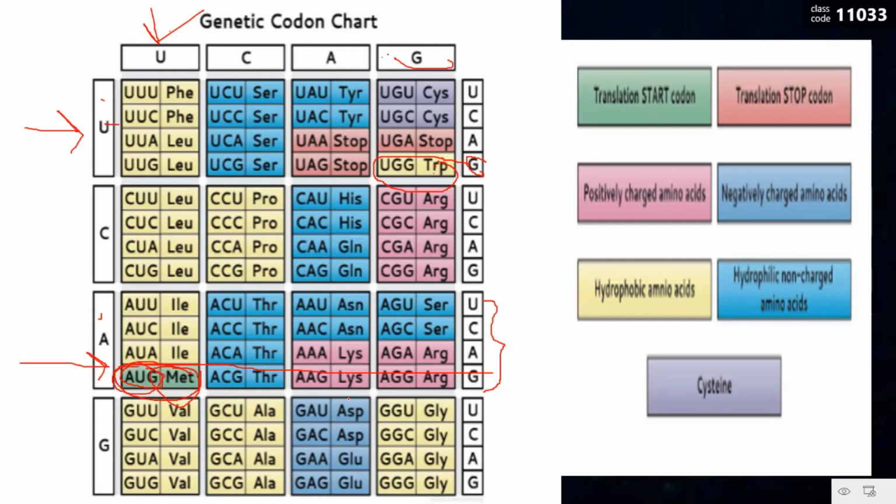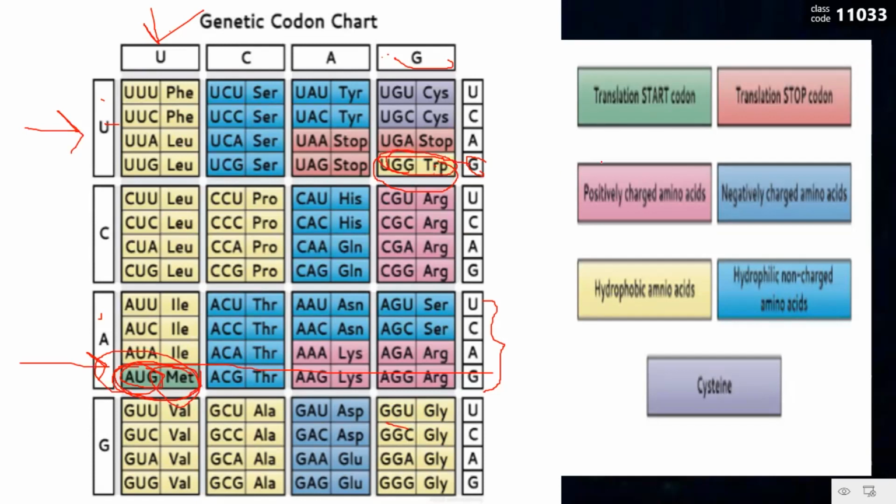So kung papansinin din ninyo, yung ibang mga amino acid, minsan apat. Ito si glycine, apat siya, di ba? It contains 4 different codons. Pero merong dalawa dyan na tigisa lang sila. The methionine and tryptophan. Di ba? Isa lang. Tigisa lang sila. Wala silang ibang codons.